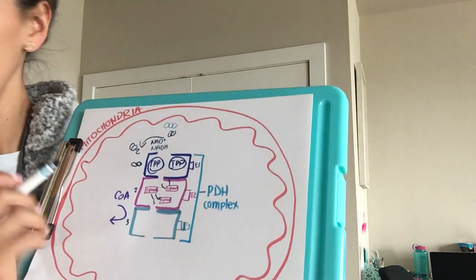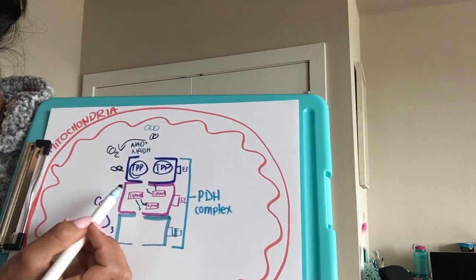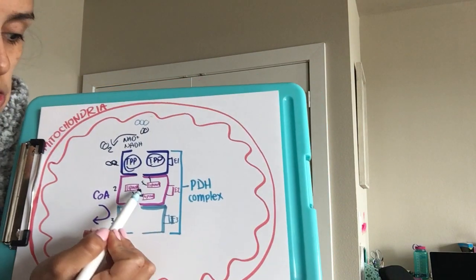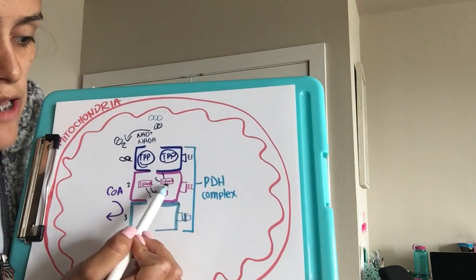Thiamine then gives up the acetyl group to E2. This is helped by lipoate.